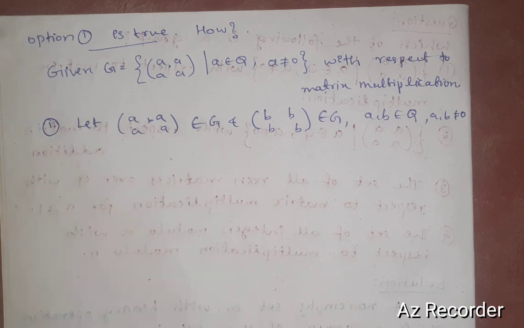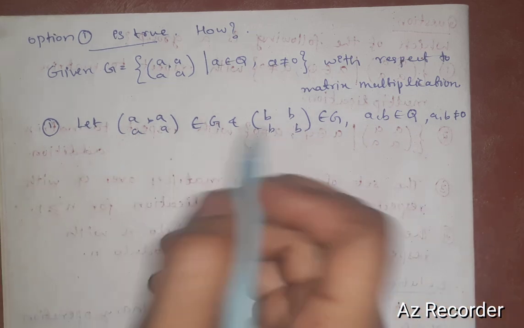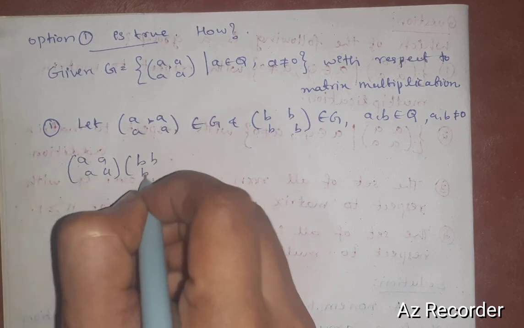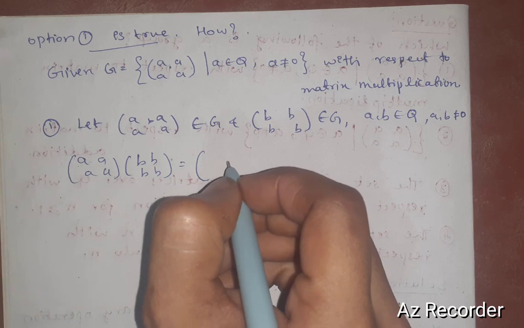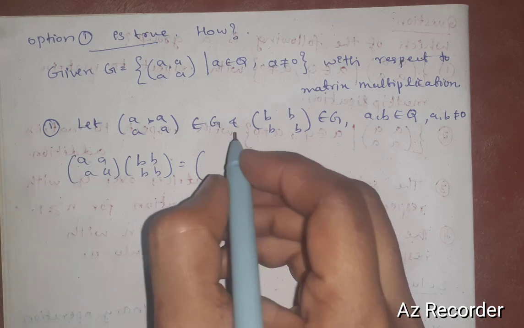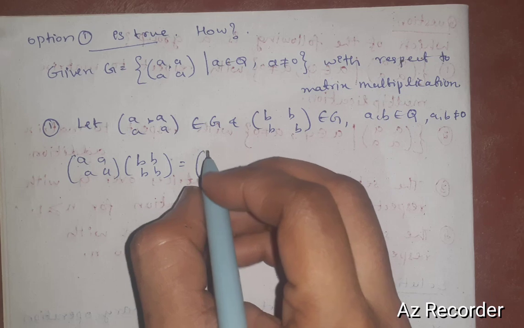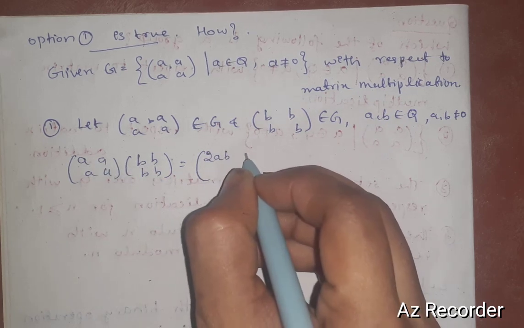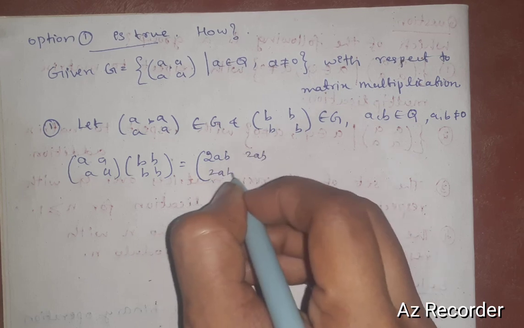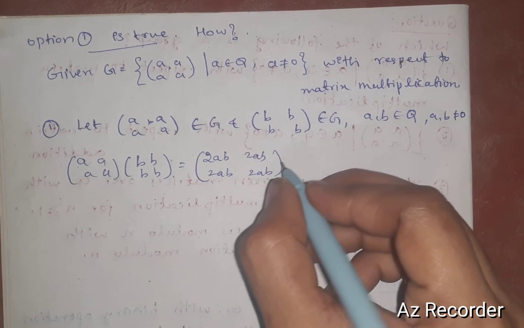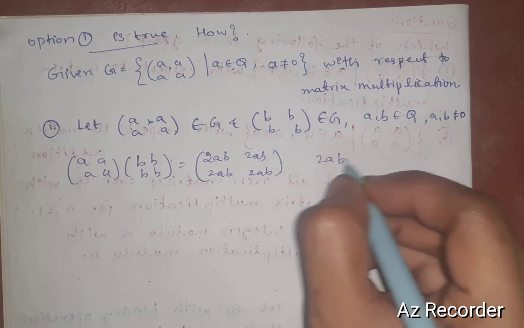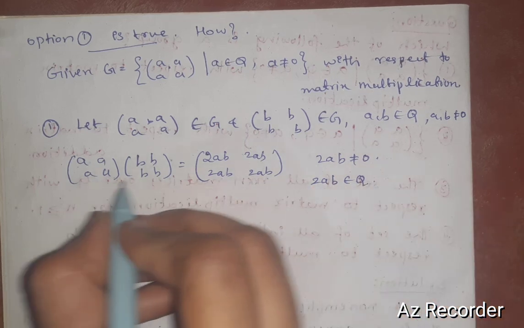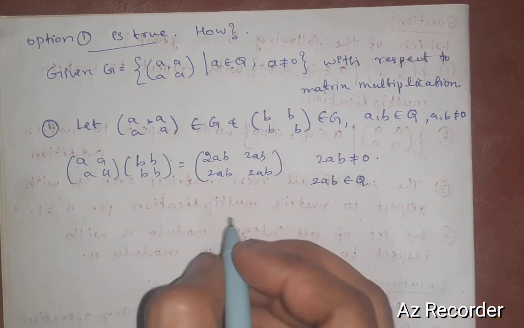Then with respect to matrix multiplication, if you multiply A with B, the product of two rationals is also rational. So there is no problem here. Each entry is ab plus ab, so 2ab. Similarly, you get 2ab in every entry. Since a and b are not equal to 0, 2ab is also not equal to 0, and clearly 2ab belongs to Q. Therefore, the closure property is satisfied.